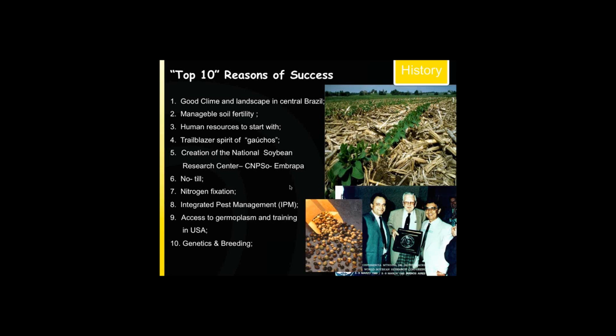That was in the early 1900s, and it was about the beginning of the 60s that soybean crops started to grow in southern Brazil, under parallel 23.